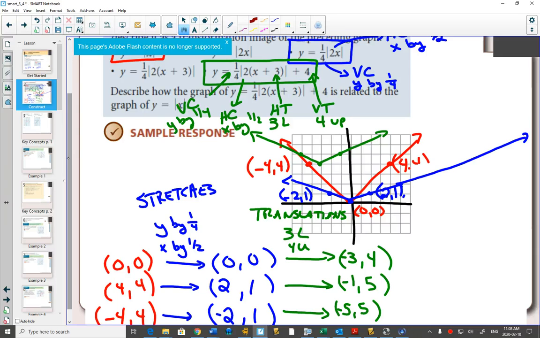And you'll do those at the same time. In fact, even if there was a reflection in there with the negative, you would do stretches, compressions, and reflections first. Then your second set of arrows is always your translations afterwards. And you just go from left to right. And so it's relatively easy and straightforward. So we're going to turn and do example 1.